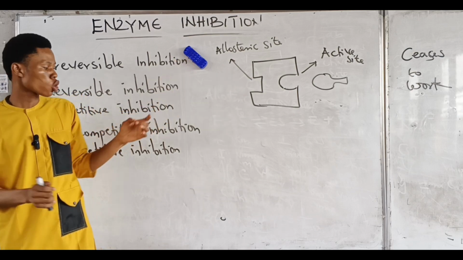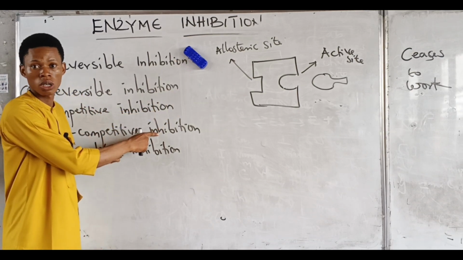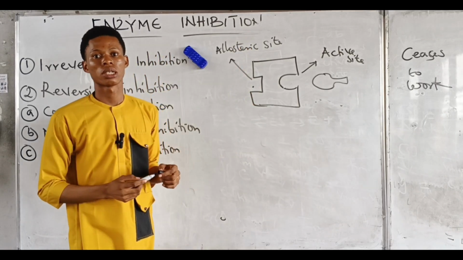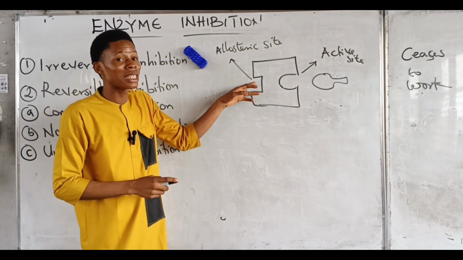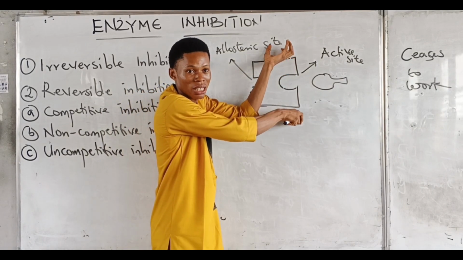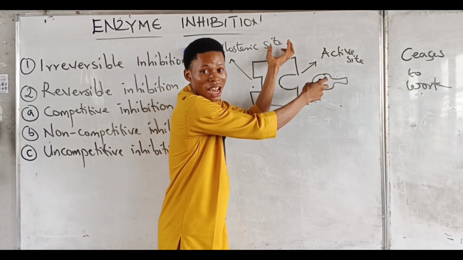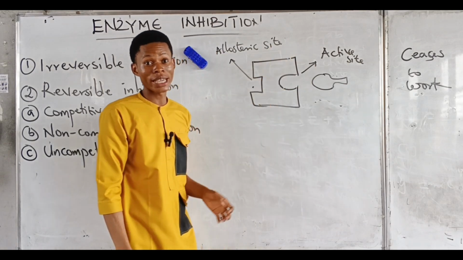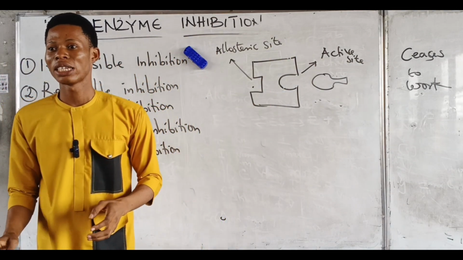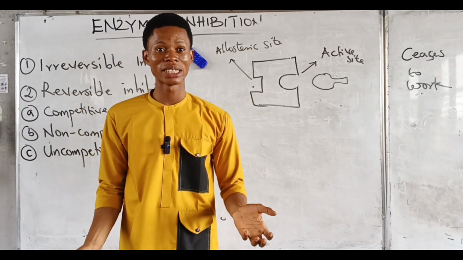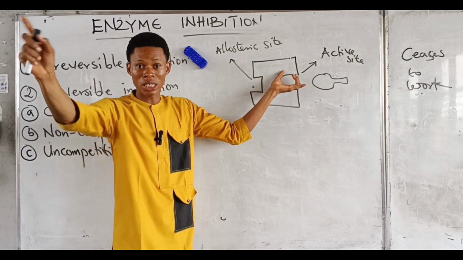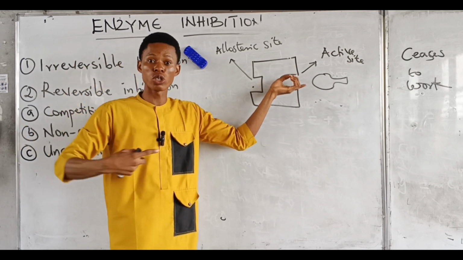So it will bind to the allosteric site, and as it binds here, it will change the shape of the active site so that even the substrate can no longer bind. They are very wicked. Non-competitive inhibitors are like, since I cannot bind, nobody will bind. Since I cannot prevent it directly, I'll go through the back door.